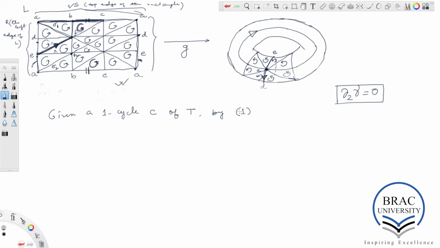That was given by result 1. Sorry, every one cycle of T is homologous to a one cycle carried by A. That's the first statement.